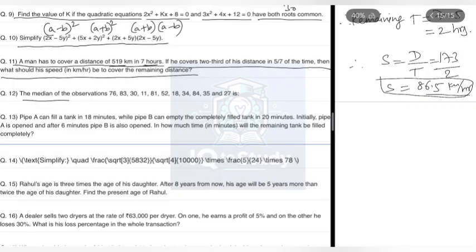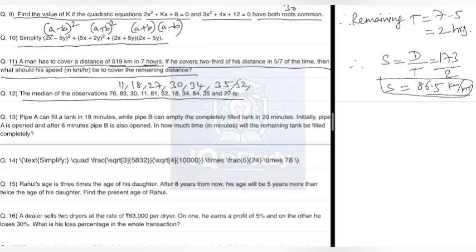The median of the observations 76, 83, 30, 11, 81, 52, 18, 34, 84, 35 and 27 is. For finding the median, we have to arrange the observations in ascending order. So in ascending order, it becomes 11, 18, 27, 30, 34, 35, 52, 76, 81, 83 and 84.